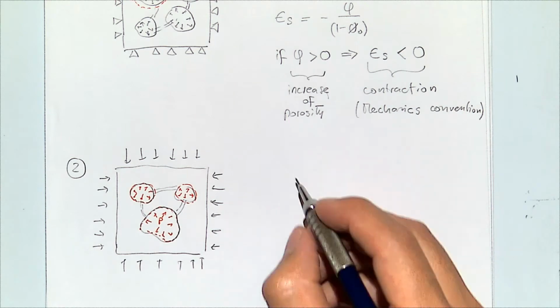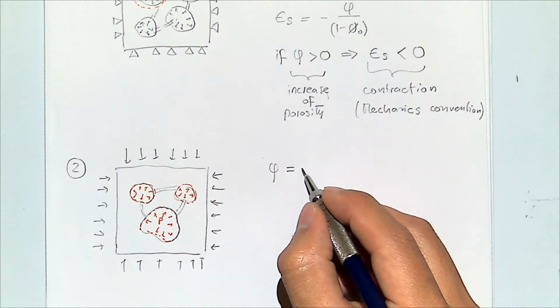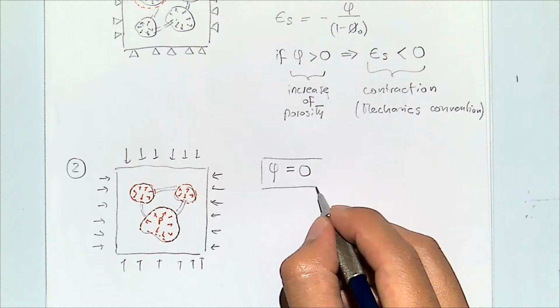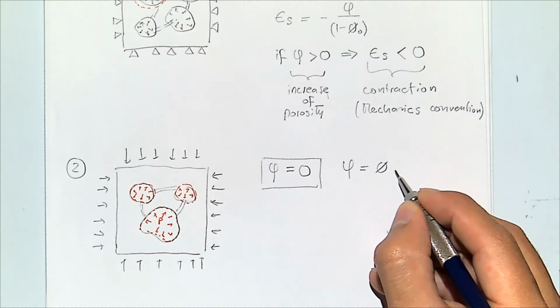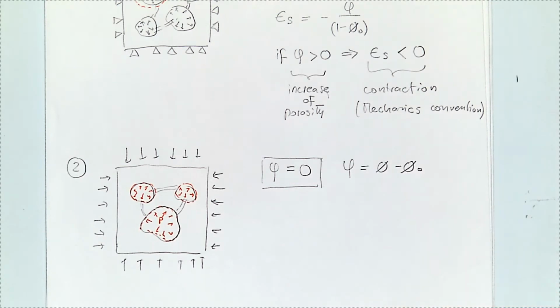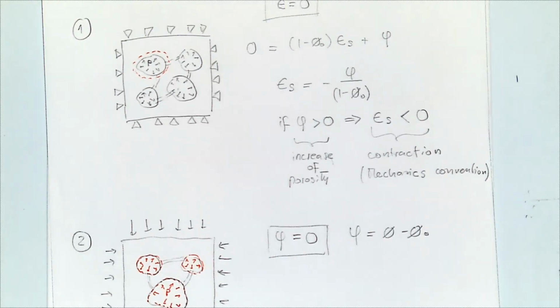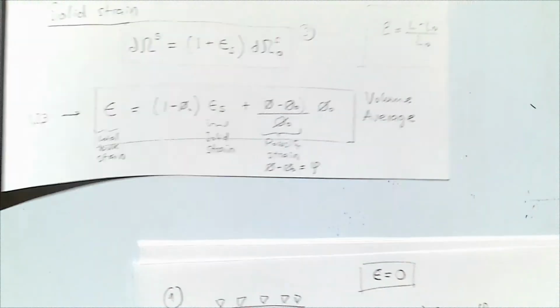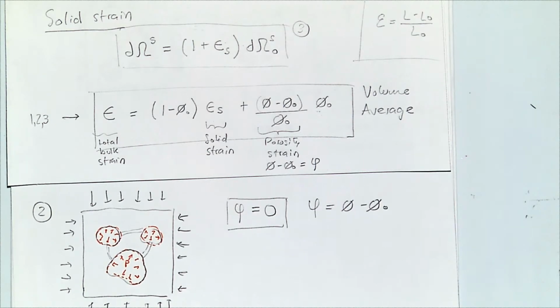But if I do that and I achieve a condition in which the change in porosity is equal to 0, and I use the equation that I had above, what's going to happen to the solid strain?